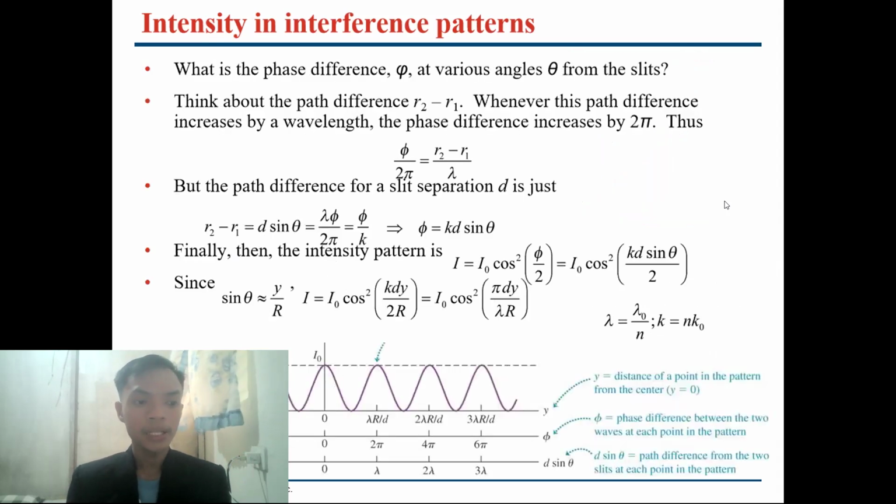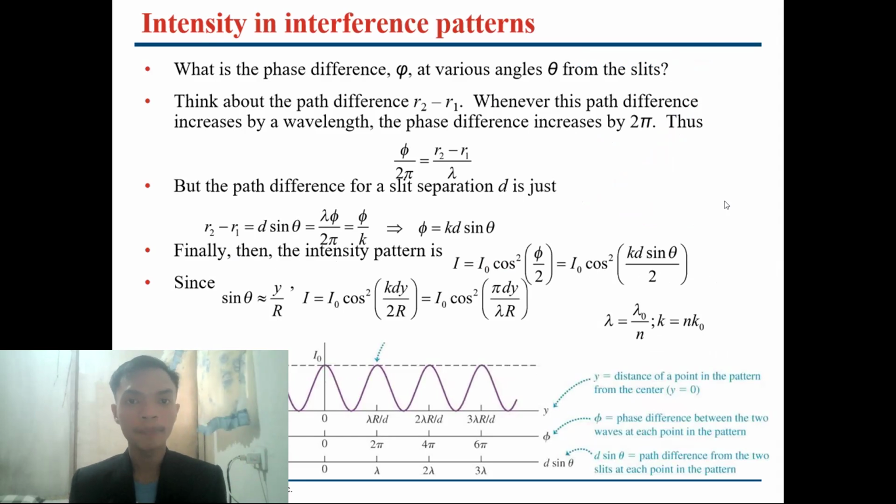So how about the intensity in interference patterns, or the geometry? So what is the phase difference at various angles from the slits? So think about the difference r sub 2 minus r sub 1. Whenever this path difference increases by a wavelength, the phase difference increases by 2 pi.